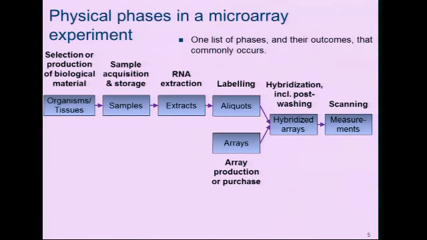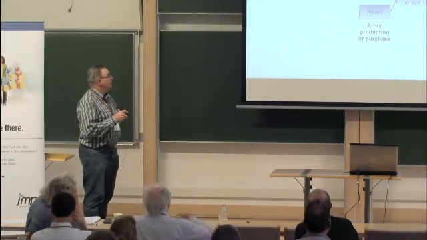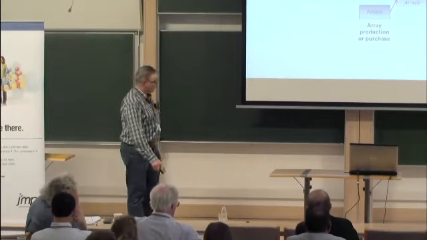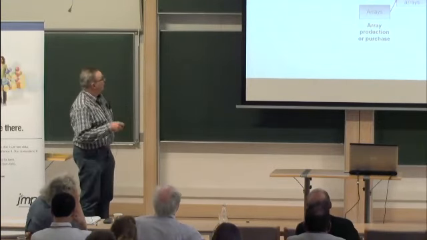Those extracts usually are labelled, so you'll end up with what I've called aliquots here from the labelling. You'll need some arrays, which you might either produce or purchase, and then you hybridise the aliquots to the arrays and perhaps post-wash the arrays, and then you would scan the hybridised arrays, and that'll give you some measurements. So that's a list of each of these boxes here.